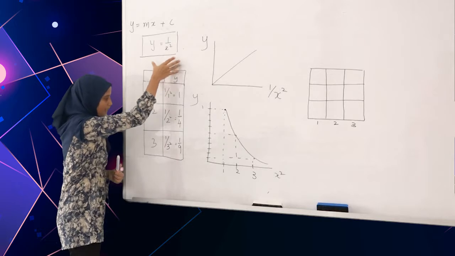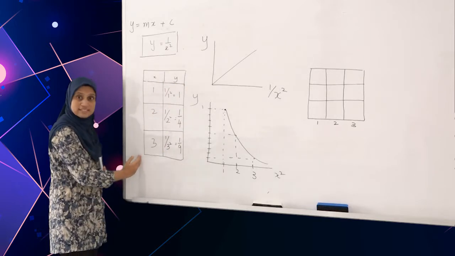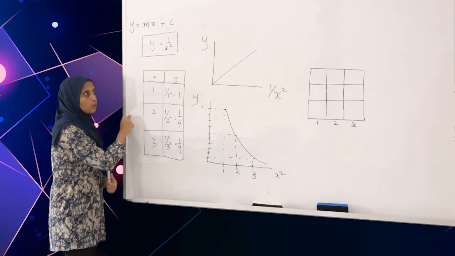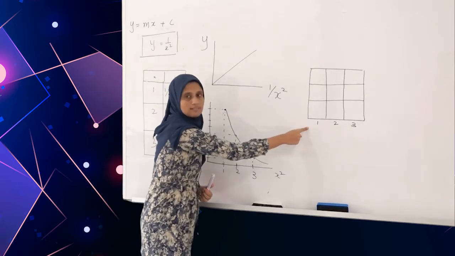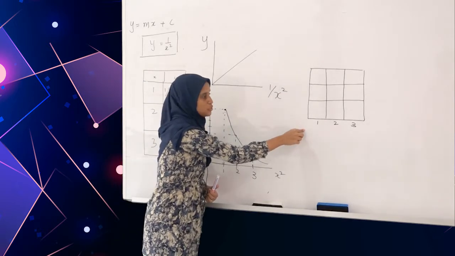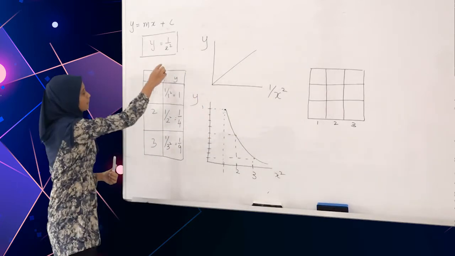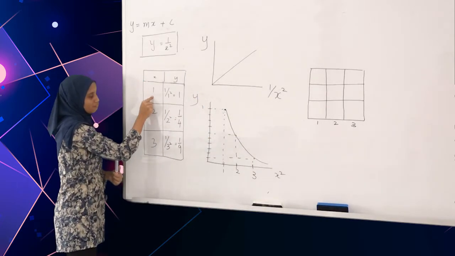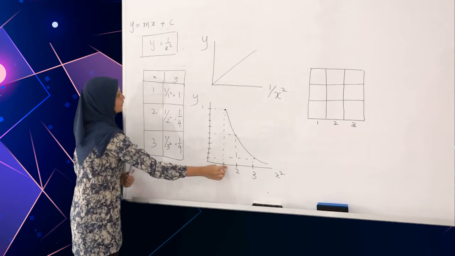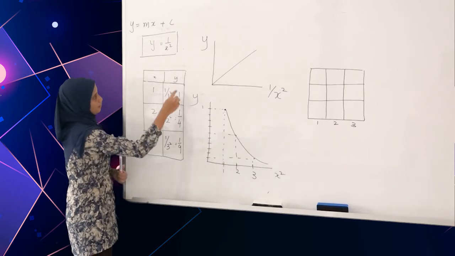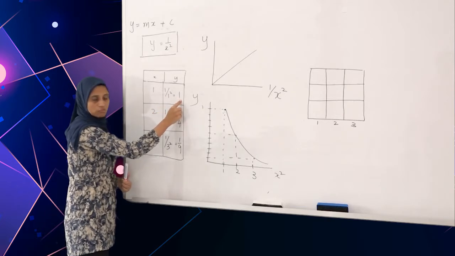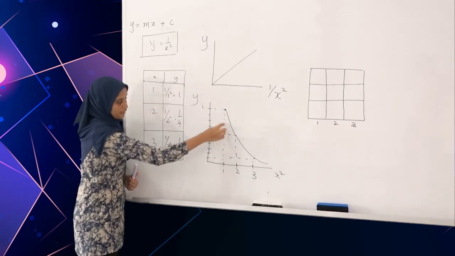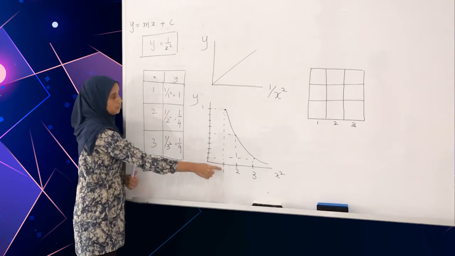This equation can be represented numerically, as it is done in the table. It can also be represented graphically, and we can represent this visually as well. Now, when you look at this equation, when x is 1 unit, y is 1 over 1 squared, so you get 1, which I have plotted on this graph.